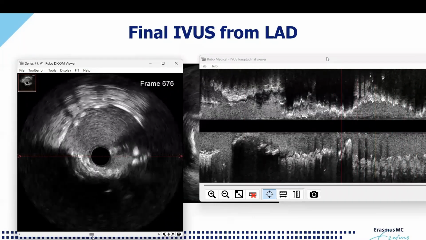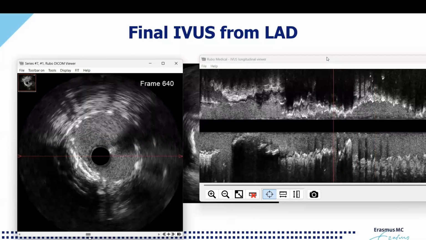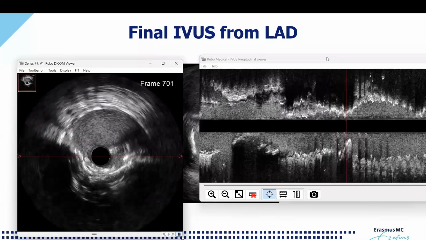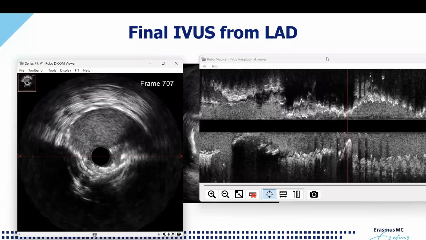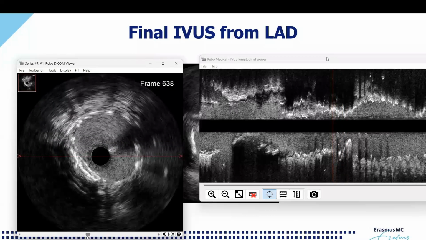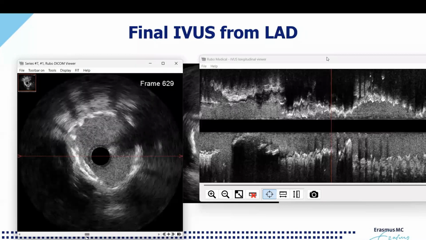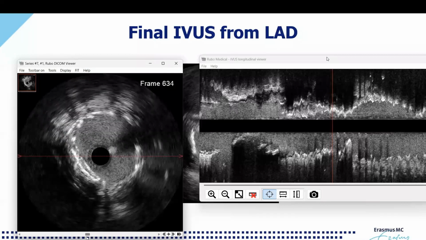It comprises almost 30% of the circumferential area, which is what you expect based on the angio. But this illustrates that the ostium of the circumflex is nice, open, and patent. You could argue that if you consider that the ostium of the circumflex is at least 4 millimeters in diameter, and if you would do a kissing balloon with 2 balloons, you crush your struts towards one side of the carina.